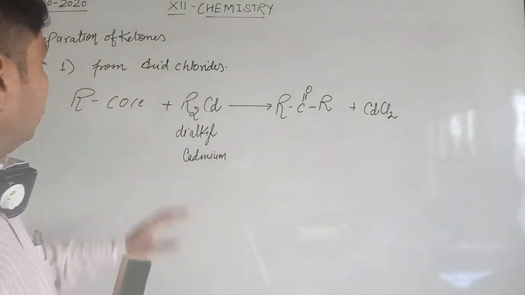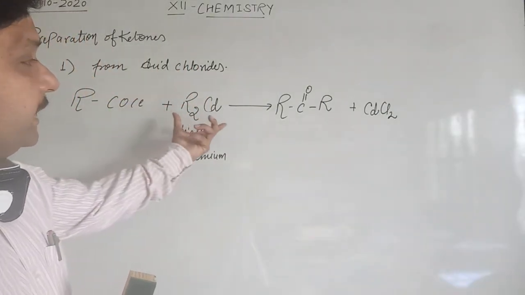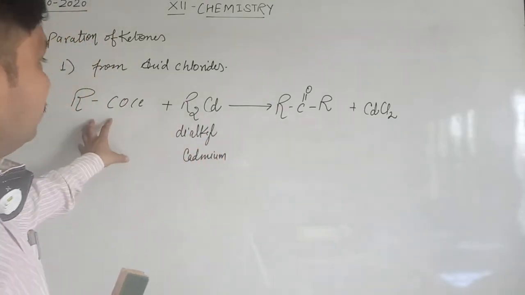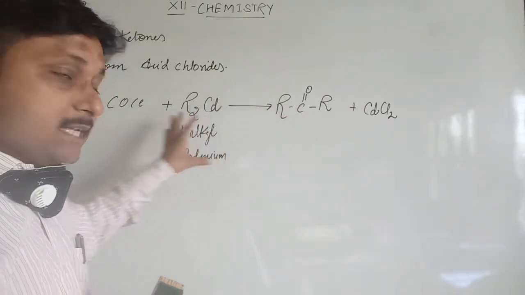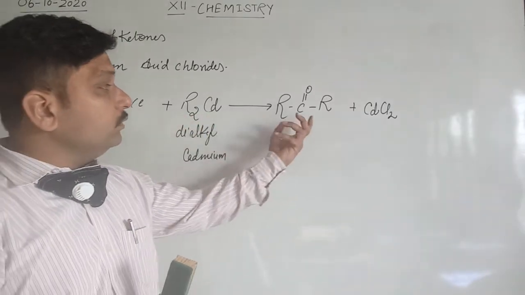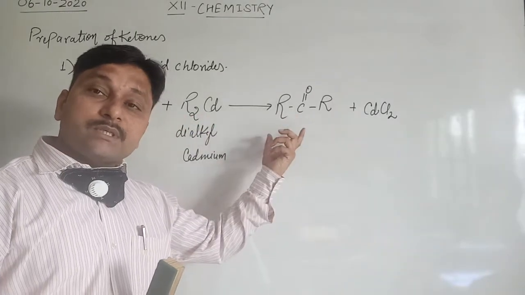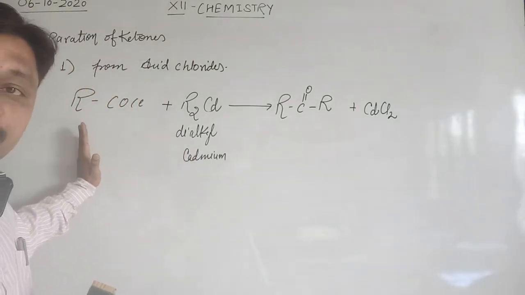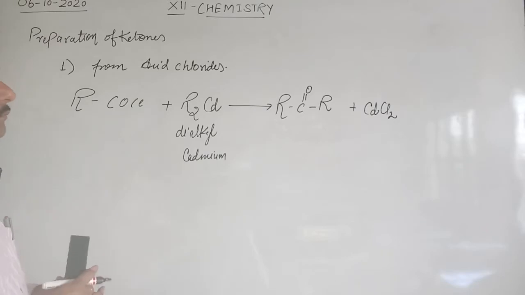So acid chloride when reacted with dialkyl cadmium converts into ketones, means the carbon chain will be increased. These ketones have more carbon atoms with respect to the acid chloride.